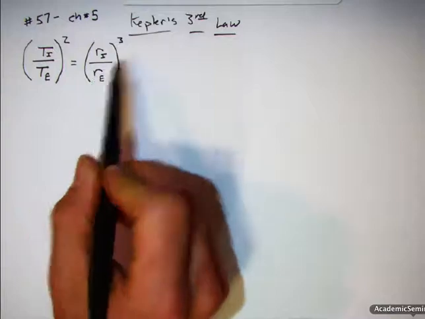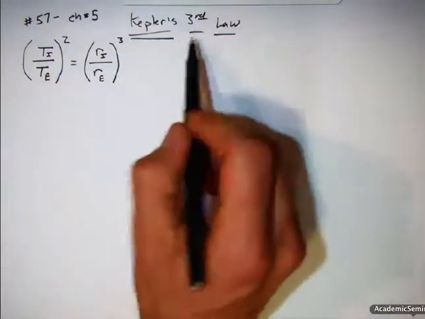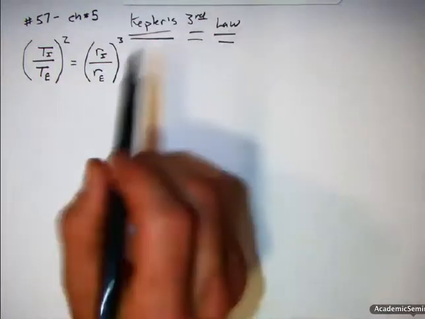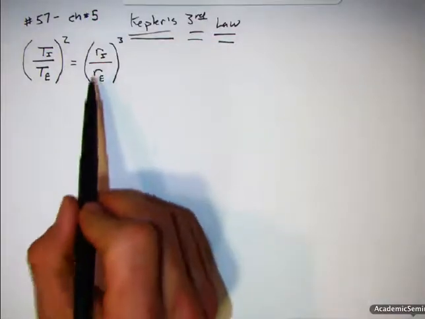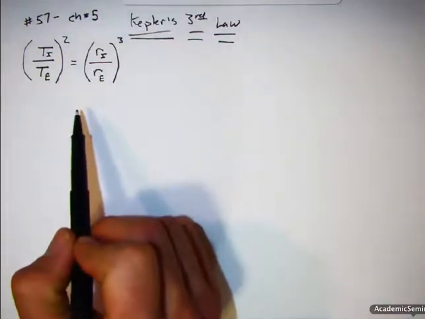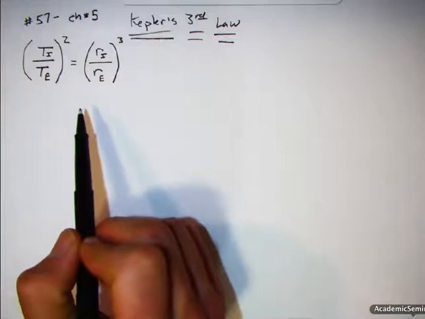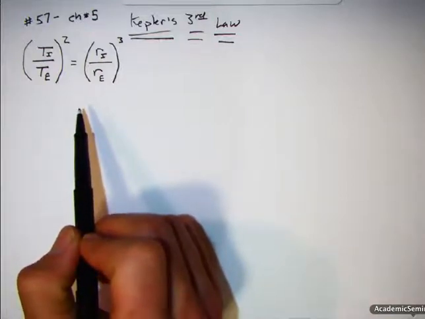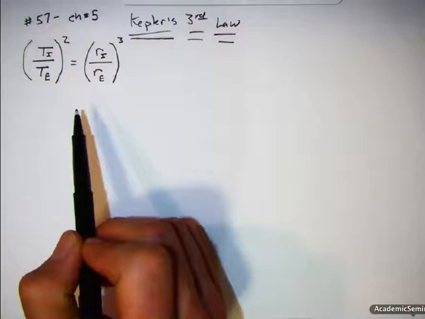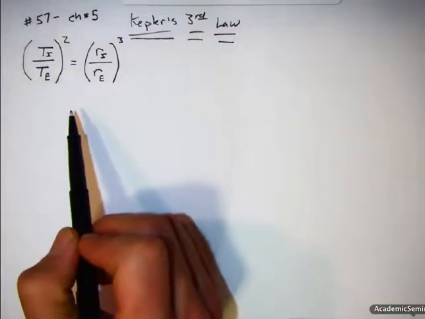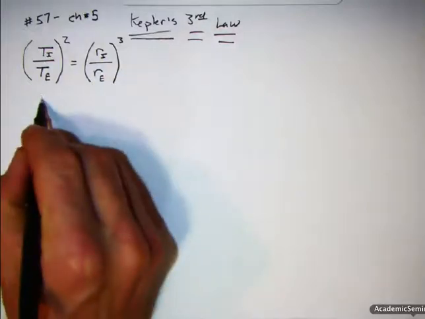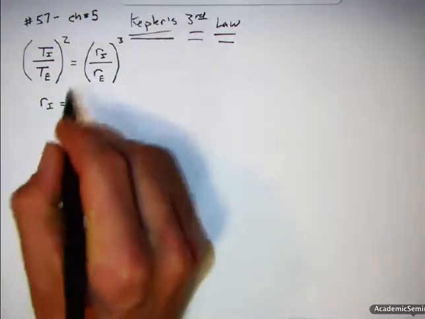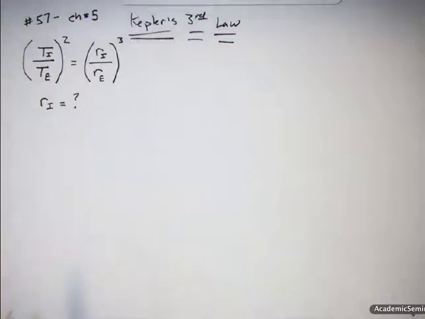According to Kepler's laws, things orbit the sun in ellipses with the sun at one focus. So it's kind of like a radius, but we prefer the term mean distance to the sun. The problem was asking, what is the mean distance from the sun for this asteroid Icarus?